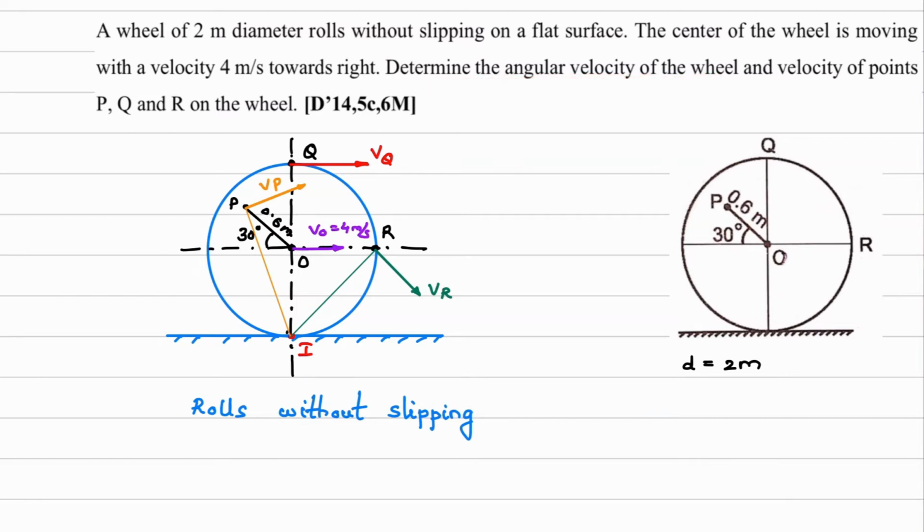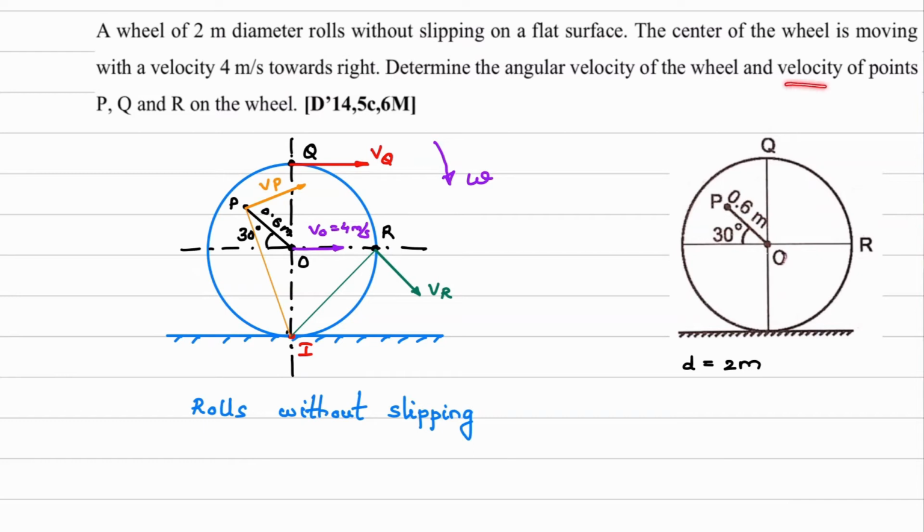What will be the direction of omega? If you keep your thumb at point I, keep your index finger at O and rotate your index finger in the direction of VO, it is clockwise. So here the direction of omega will be clockwise. This is omega. Magnitude we will calculate.